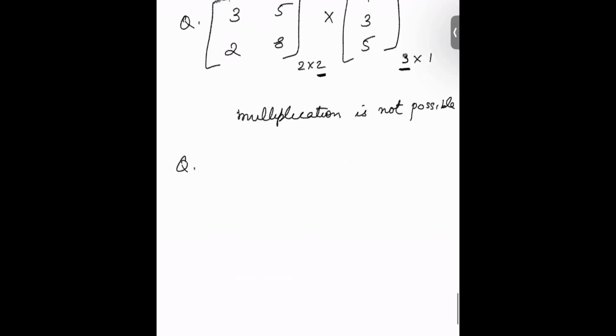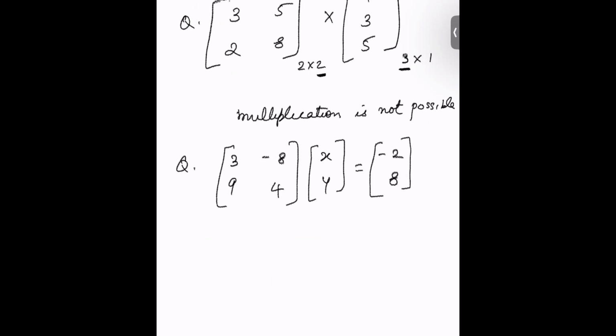Next question is example 14. 3, negative 8, 9, 4, times x, y, another matrix, is equal to negative 2, 8. Find x and y. First you multiply. Okay, how do you multiply this? This is my first row and there is only one column.